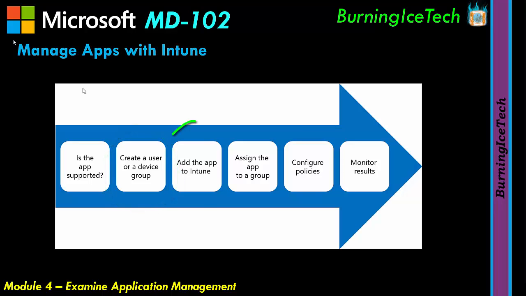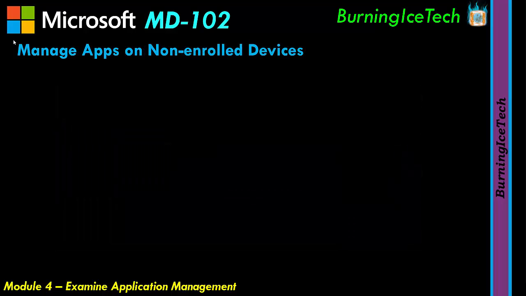Once you've done that, you're going to go and add the app to Intune, whatever this app might be. When you're done with that, you assign the app to a group, one of those user groups you created or one of those device groups. Then once you've assigned it to a group, you go and configure any policies, if there are any. Usually there are a couple. And then lastly, guys, you of course want to go and monitor the results to see how well it's going. And of course, if there's any issues that you might need to go and address. Now moving on to managing apps on non-enrolled devices.